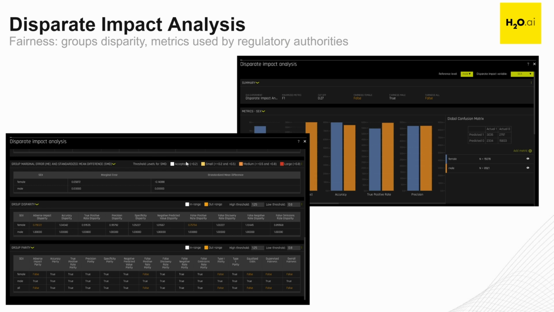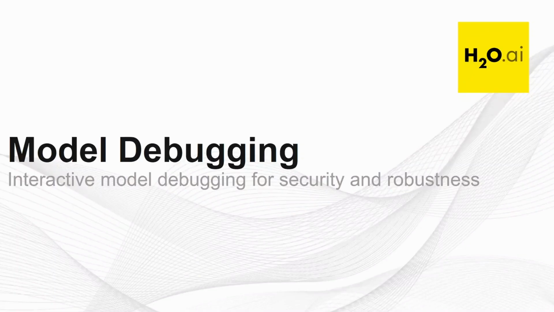There might be some discrepancy, but if that discrepancy is too big between the groups, you know that, for instance, you don't have enough data for another education level or certain group. What you basically want to achieve is that there is no leak, and that these groups are treated more or less equally, and there is no big discrepancy. This is why it's disparate impact analysis. So in short, this is how that works.